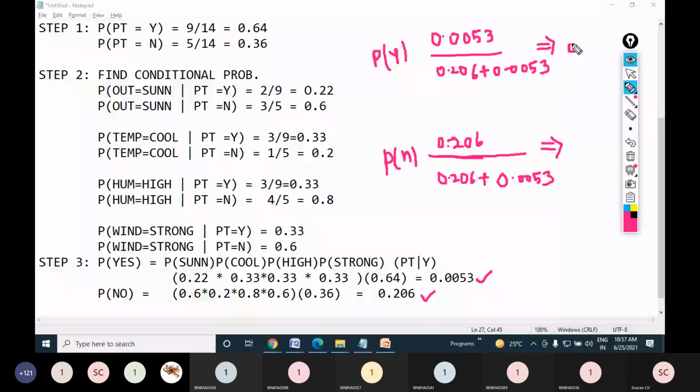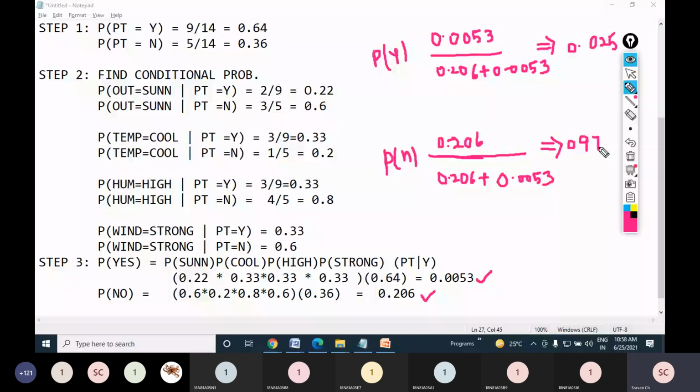0.025 and 0.206 divided by 0.2113, it is 0.97. 97 or 79? There's a mistake here. Small correction.